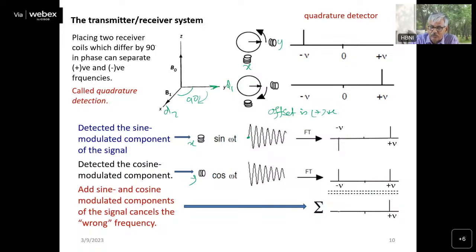During this the magnetization is also decaying by T2 relaxation, so the magnitude will also decrease. If you now do a Fourier transform of this signal, you will get a positive frequency and a negative frequency, which will be negative in intensity. For a positive offset you will get a positive signal, and if negative, you will get a negative offset.